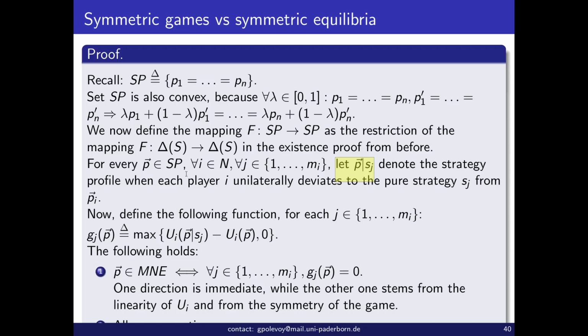So for any vector, and for any strategy j, let p2 as j denote the strategy profile when some player, it does not matter which, because the result will be the same from the symmetry, unilaterally deviates to the pure strategy as j from the vector pi.